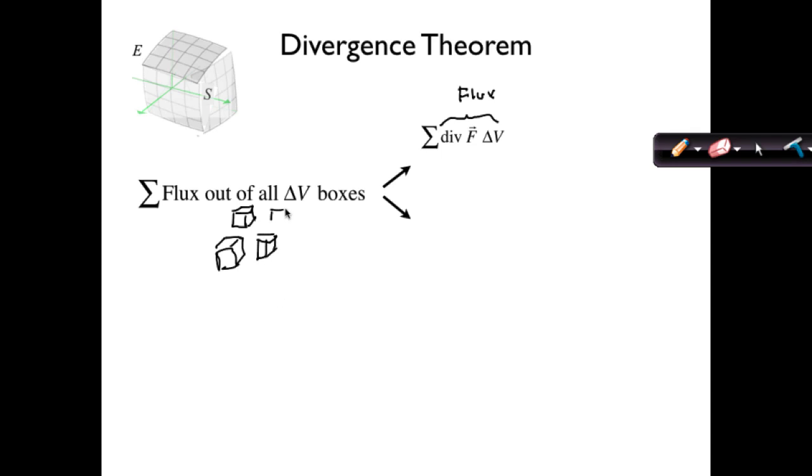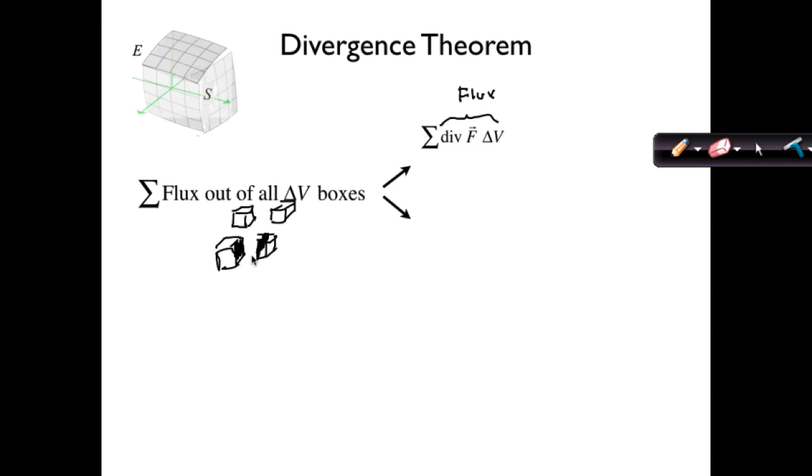We've seen this principle before. For these two, do you see that the flux on the right side of that one will be equal and opposite to the flux on the left side of that one? And those will cancel out.